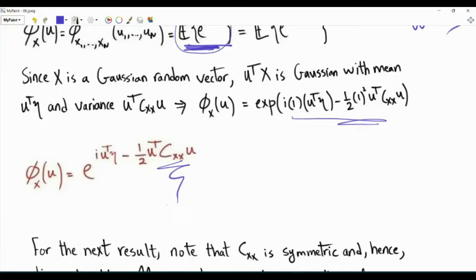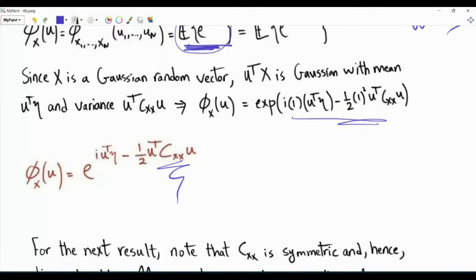Moreover, it is positive semi-definite, so the eigenvalues are non-negative. Here we use Cxx directly, not its inverse or anything. So this is one advantage of using the joint characteristic function of a Gaussian vector. We do not need to worry whether Cxx is invertible or not. If it has a zero eigenvalue, one eigenvalue or more, it's okay.